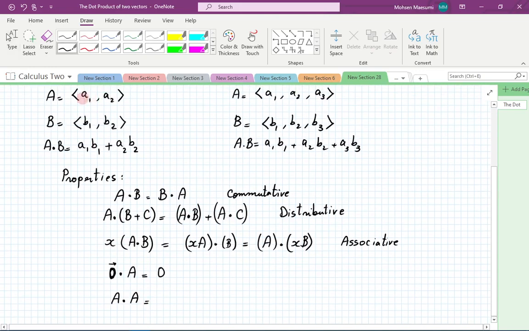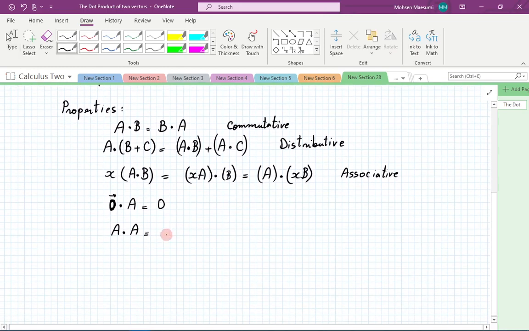If I dot A by itself, I get A1 times A1 plus A2 times A2, which is just the norm of A, or the magnitude of A, squared. So to remind ourselves, if I take the norm of A and square it, I get the same result. This is important to remember.